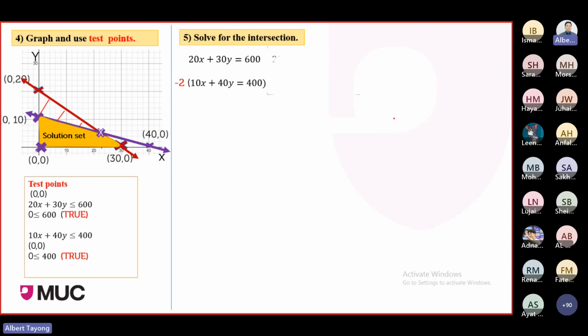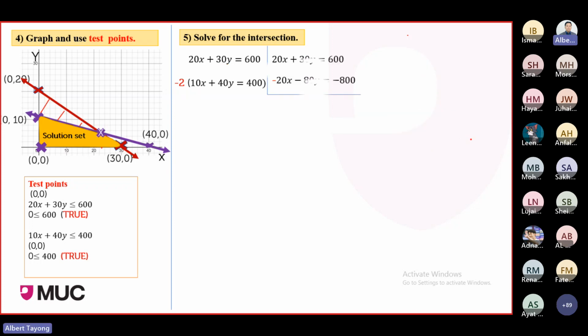So next is to solve for the intersection. We have to multiply the second one by 2 or -2 to make it similar, because we have 20x and 30y. If you're going to multiply this by 2, it will become 20. So we can easily eliminate. Right?